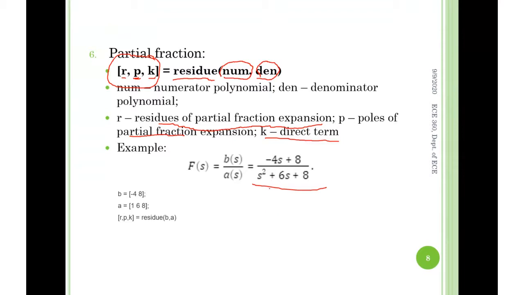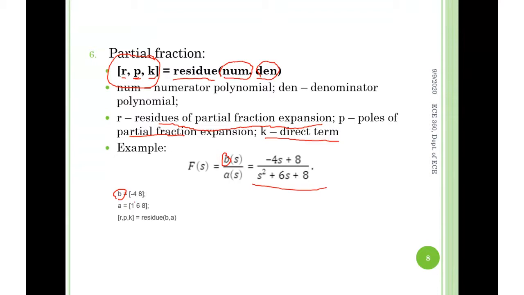So first of all, how to do this? The numerator is a polynomial of S, the denominator as well, right? So how to input the polynomial of the numerator? Here we are defining the numerator as B. The polynomial is equal to 4, which is the coefficient of the S term, and 8. 8 is the constant.